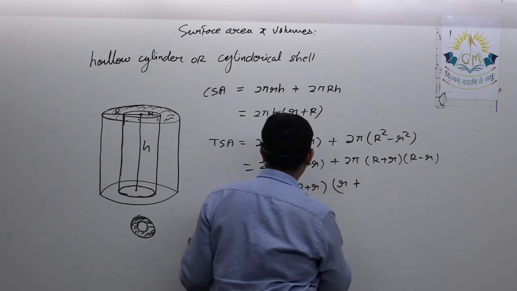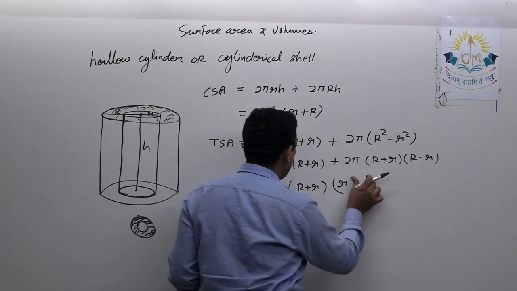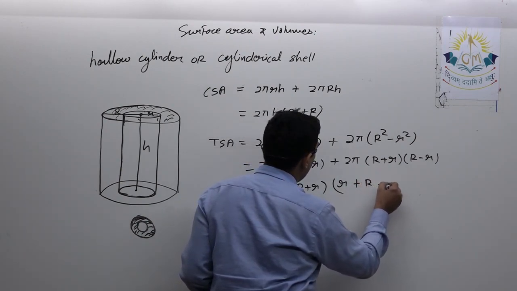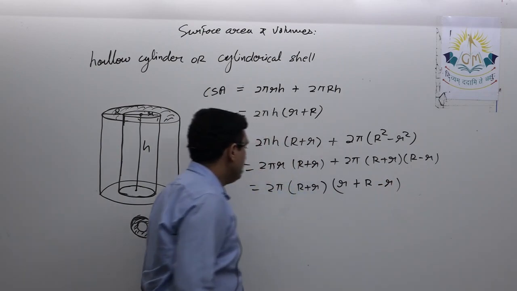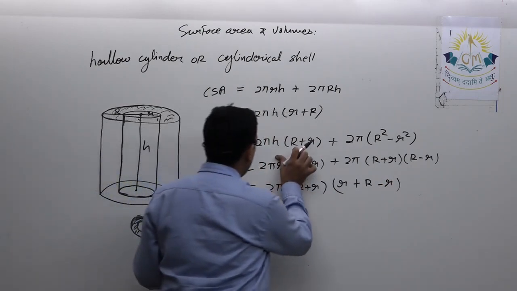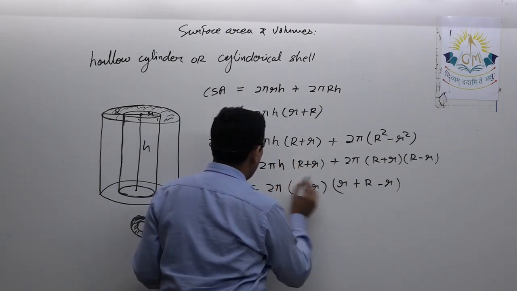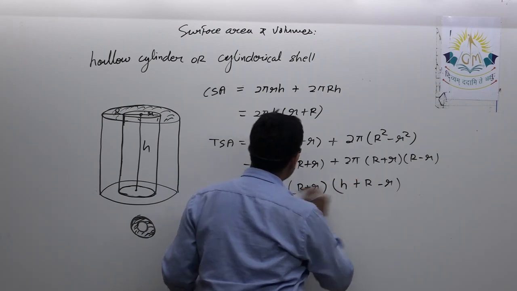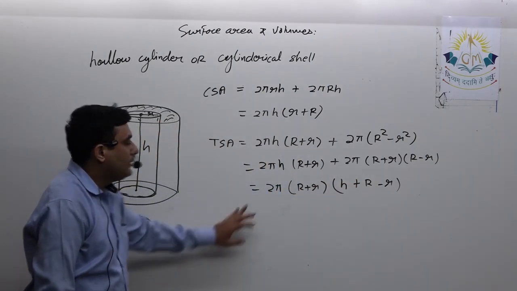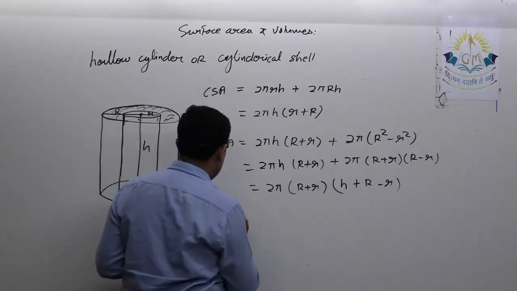If I take 2 pi R plus r common, I will be left with h plus R minus r. Okay, it is 2 pi h, not r. It is 2 pi h. So if I take 2 pi common, here I will be left with h plus R minus r. So this is the total surface area of a hollow cylinder or cylindrical shell.